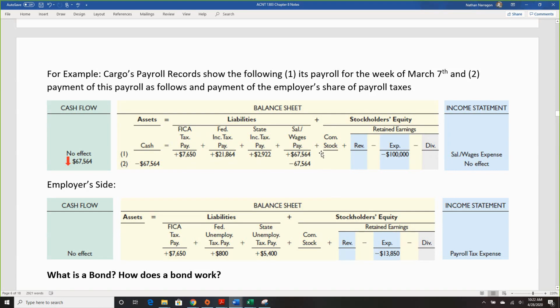If it's gross pay, that is considered an expense for us. Okay? This is our salary and wages expense. So that is our gross pay.